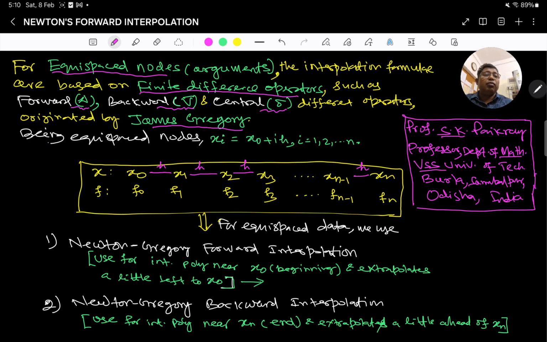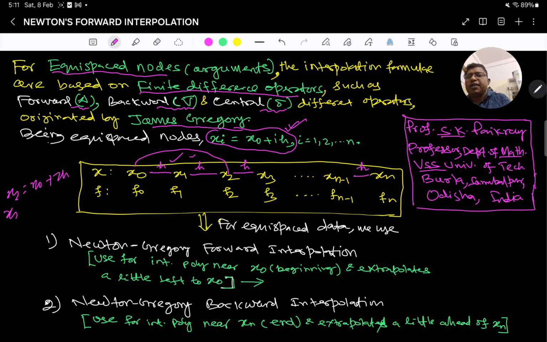So now without much delay, let me tell you the different methods available for Newton's forward interpolation. Here I can write the nodes as xi is x0 plus ih. If I write x2, it will be x0 plus 2h, is it not?